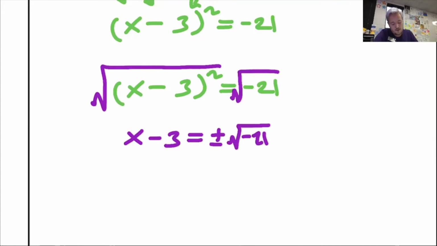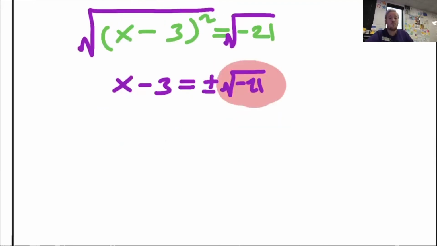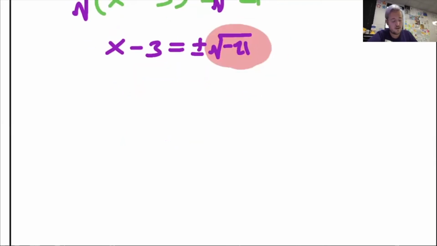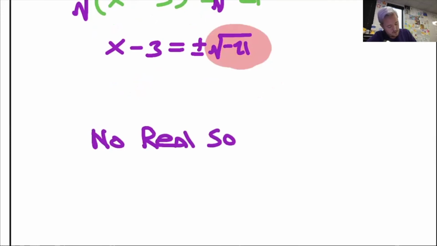So a big issue here is you cannot take the square root of a negative number. Well, you can, but that's algebra 2. That's using complex and imaginary numbers. So for right now, for algebra 1 purposes, what this means is there's just no real solution.